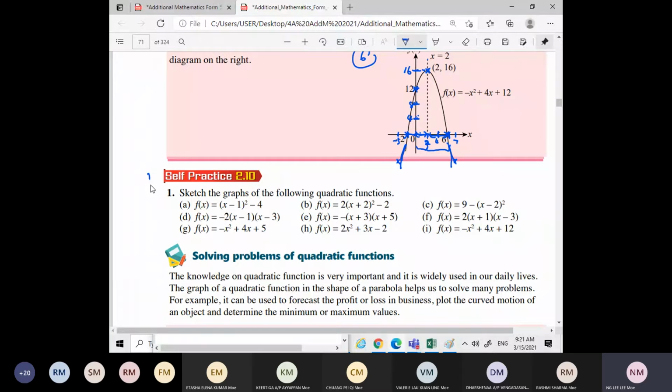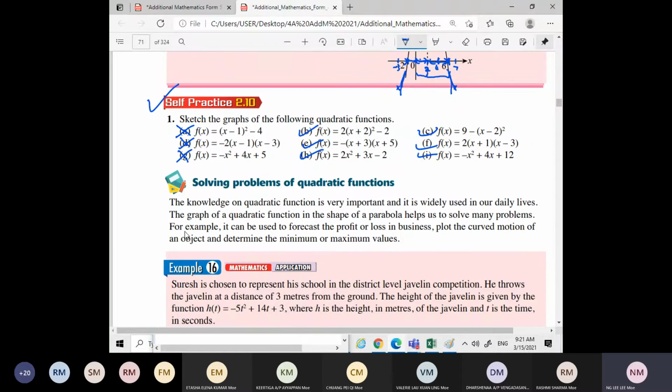Okay, so for this exercise, I want you to do this, this, this, this, this, this. These three no need. So at least you know each type of the quadratic functions, you do two questions. This one is general form.